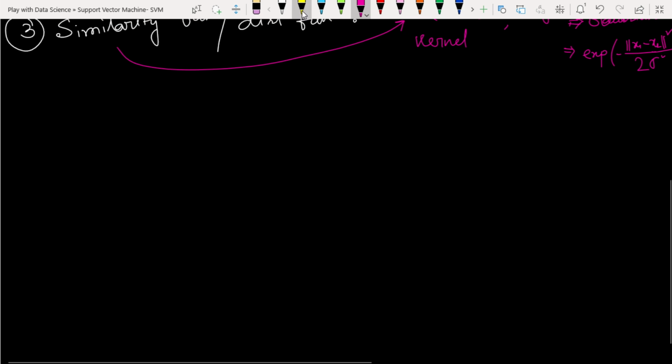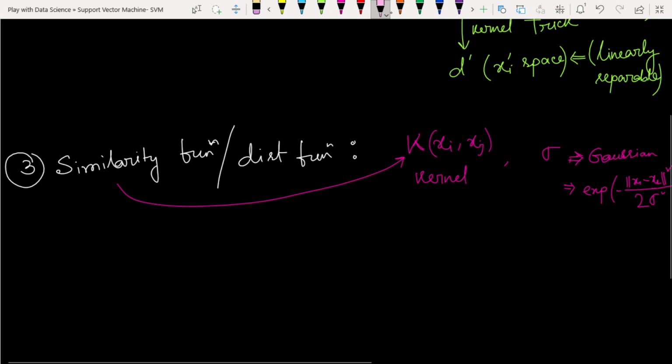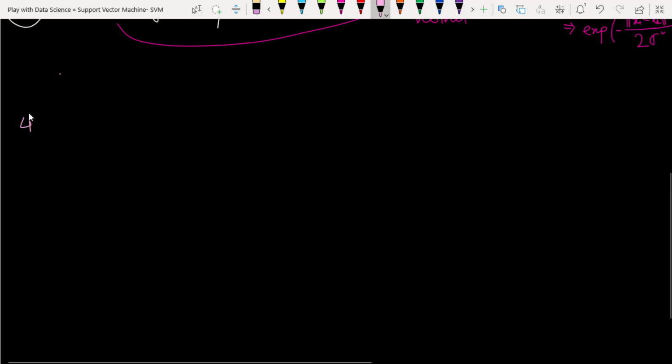Now the main thing is interpretability and feature importance. In linear regression and logistic regression, we can find the most important features.